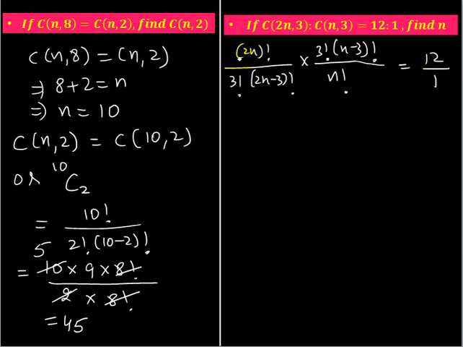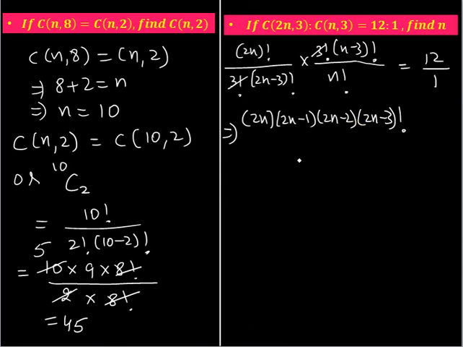If you see 2n is greater than 2n minus 3, so we are going to expand 2n factorial here, and n is more than n minus 3. So we are going to expand n factorial in the denominator. So 3 factorial and 3 factorial gets cancelled out. Now expanding 2n factorial. So it is 2n, then 2n minus 1, 2n minus 2, 2n minus 3 factorial.